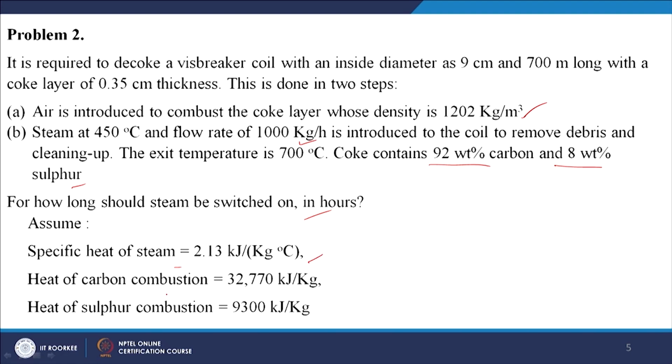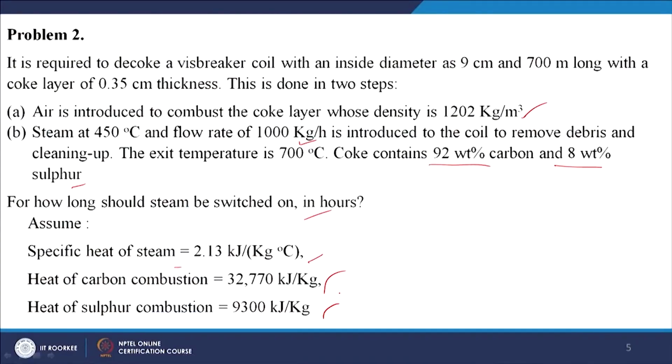The heat of combustion of carbon is equal to 32,770 kilojoule per kg, and the heat of sulfur combustion is 9300 kilojoule per kg. So, this information is given to us. Then what we have to do? We have to calculate the time required to pass steam through the coil.